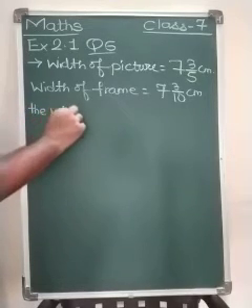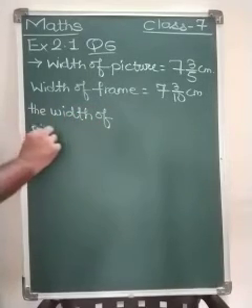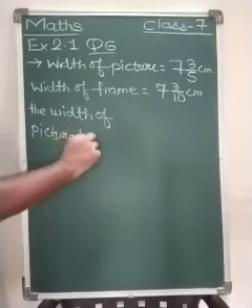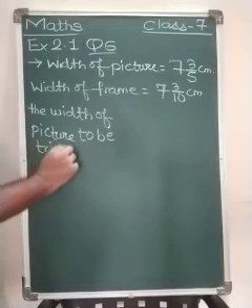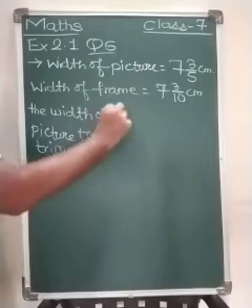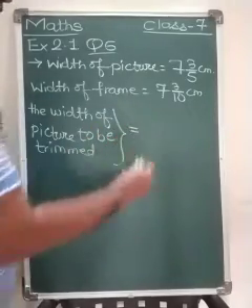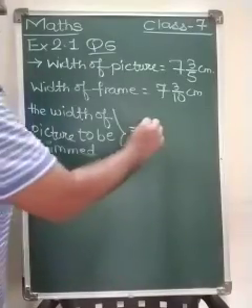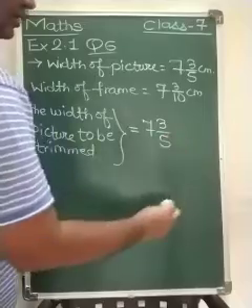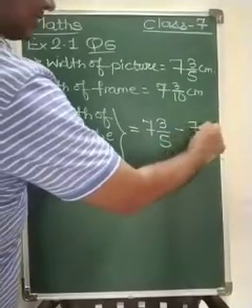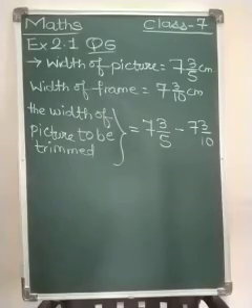The width of picture to be trimmed equals 7 upon 5 minus 7 upon 10 centimeters. Simple subtraction.